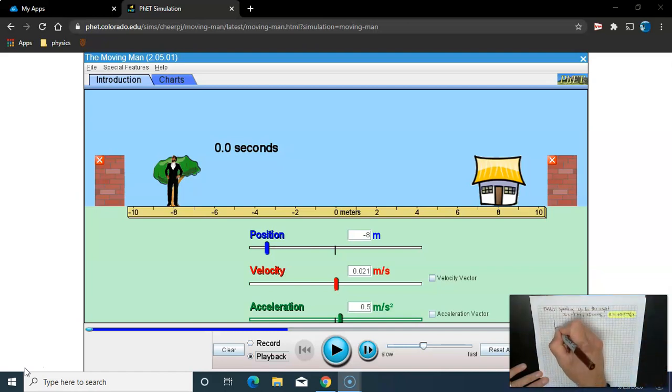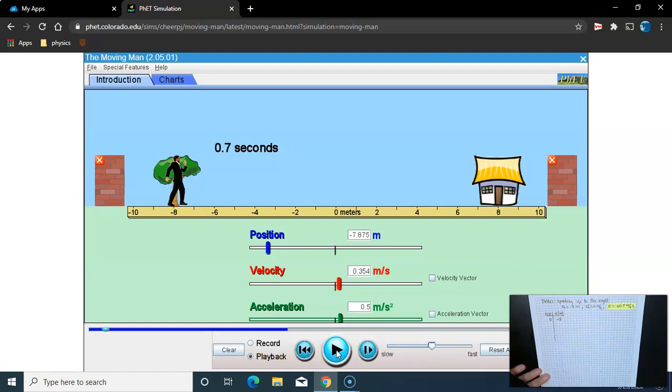Now you make the table, time in seconds, position in meters, and at time 0, the guy was at the tree. Now you keep moving this tab over here. You can put it faster or slower, but the idea is that now you can pause it every half second.